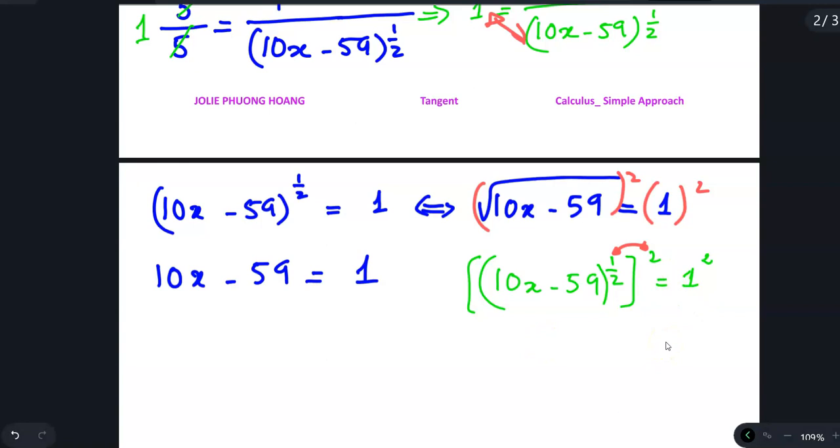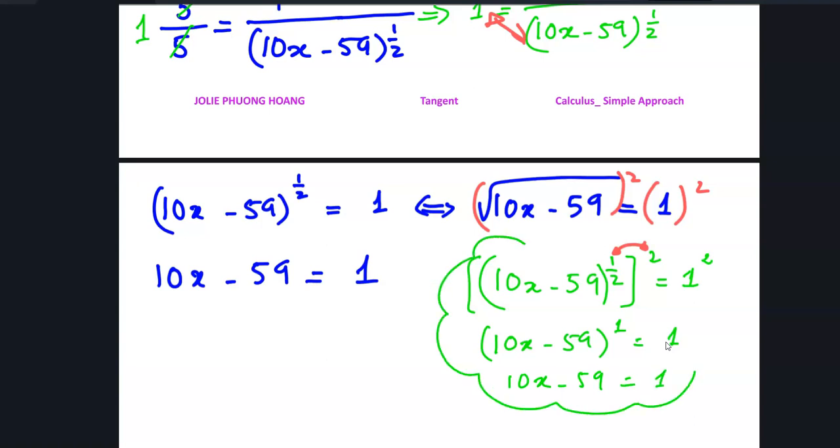So I end up with 10x minus 59 to the exponent 1 equal to 1, since 1 squared is just 1. So 10x minus 59 equal to 1. This is the theory behind why when we square a square root, we get back to the radicand. The values in here are just 10x minus 59 to the exponent 1.